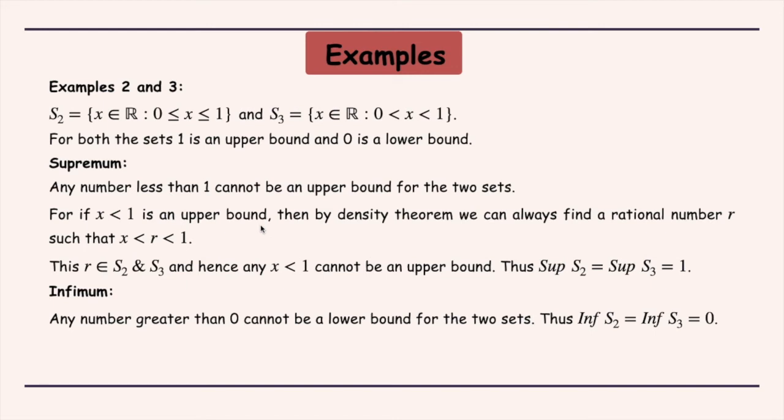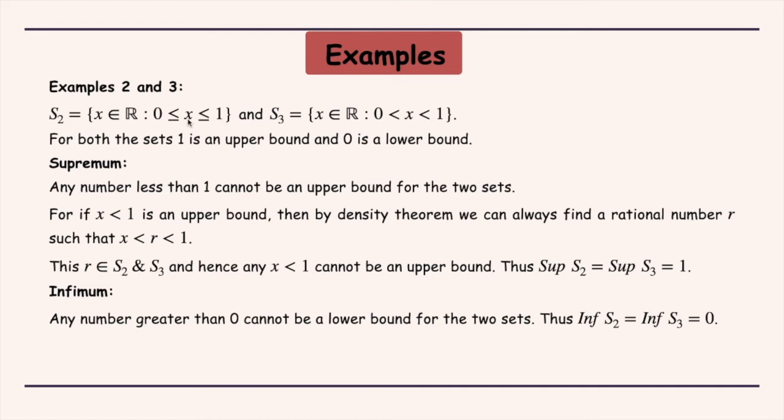Now the density theorem states that we can always find a rational number r such that x is less than r and that is less than 1. So we can always find a rational number r lying between x and 1. And what about this number? This number r also lies in these two sets because it is a real number, of course, and it is between 0 and 1.